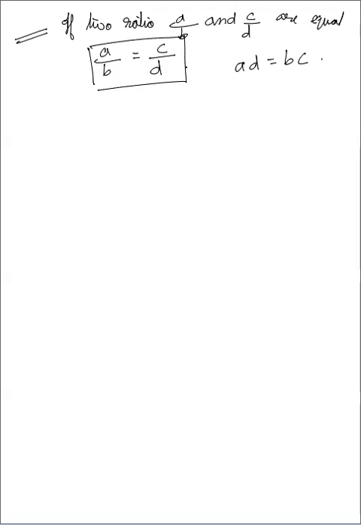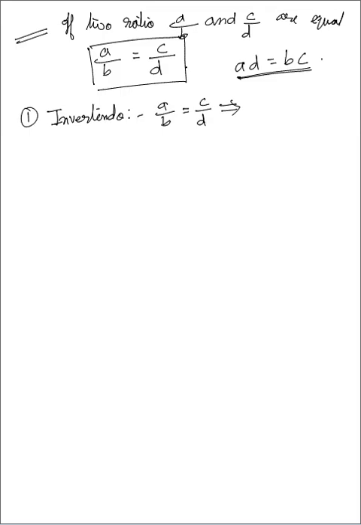But now some of the more important formulas which you should know, which first is, it is called invertendo. Invertendo, what does it mean? Whenever we are having such type of relationship A by B is equal to C by D, invertendo means we have to just take the inverse.